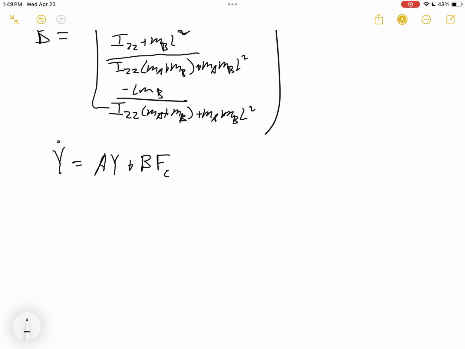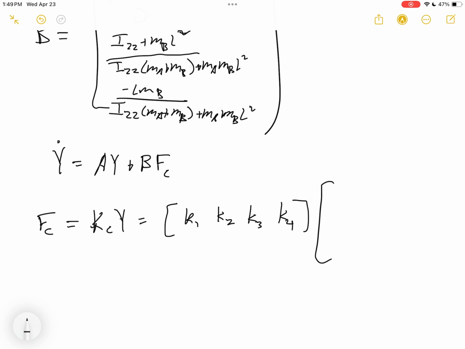And what we'll do to do that is we'll say Fc is equal to some vector Kc times y, where Kc is equal to a vector of control gains, K1, K2, K3, K4, and y again is equal to x tilde, theta tilde, x tilde dot, theta tilde dot.